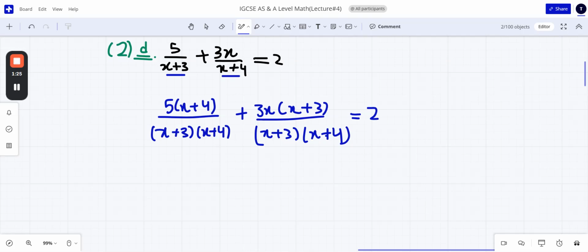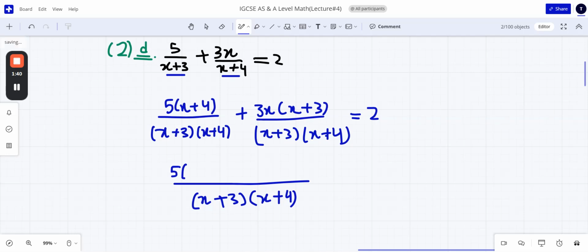Now we will take LCM. So here x plus 3 into x plus 4 we will write once, then we bring down the numerators, both same: 5 into x plus 4, then plus 3x into x plus 3, which is equals to 2.